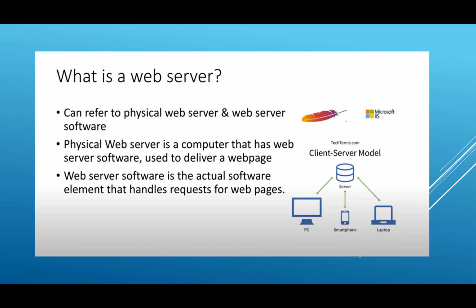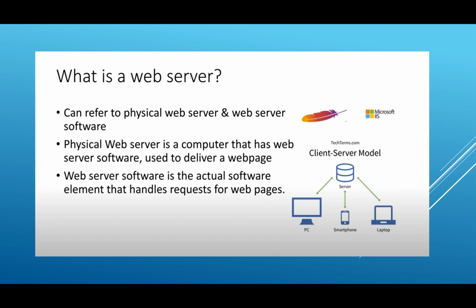request. For instance, you'll see on screen a bunch of different things. First is a client server model. The client is your web browser, something like Google Chrome, Safari, Internet Explorer.